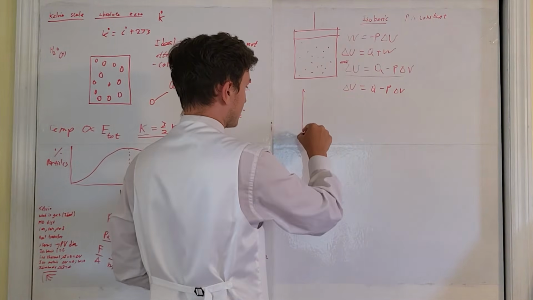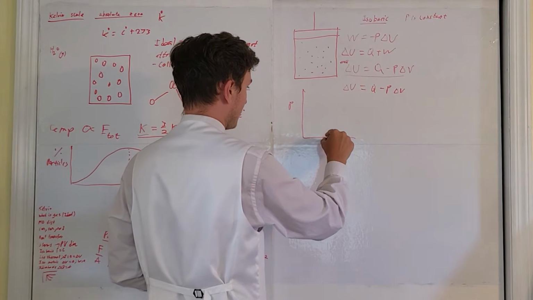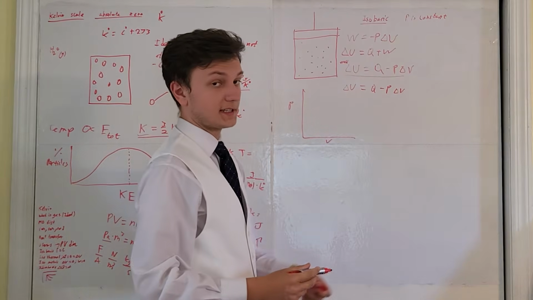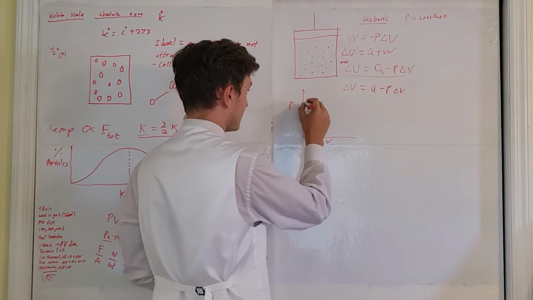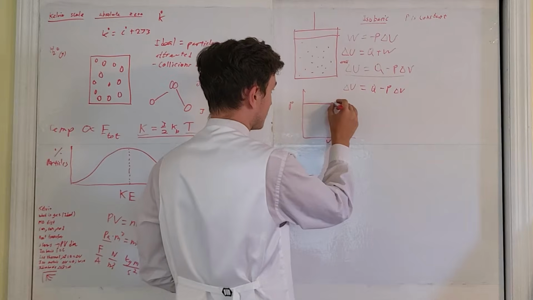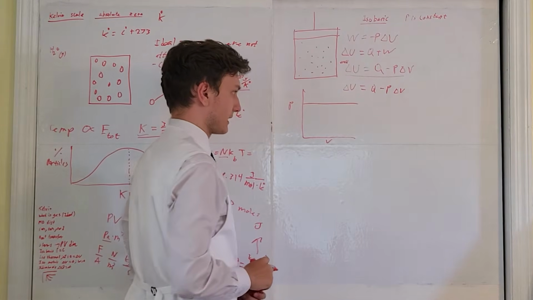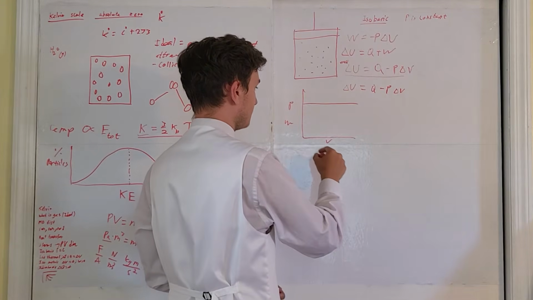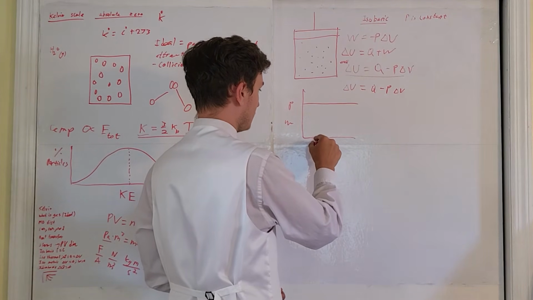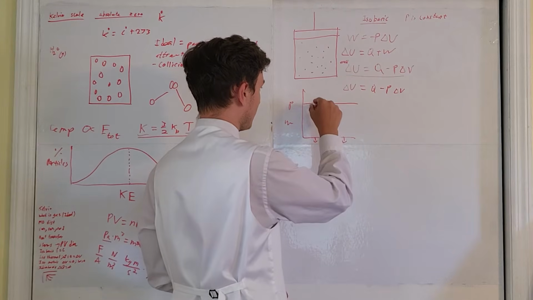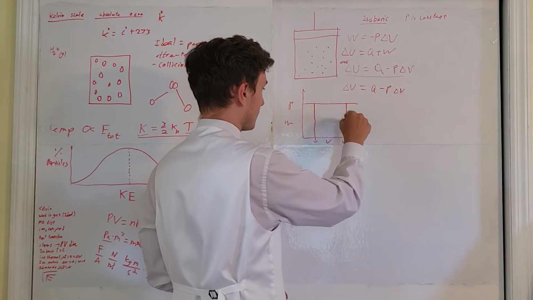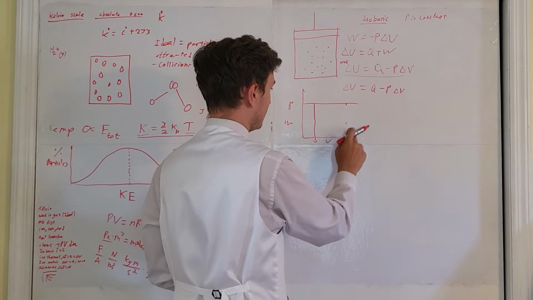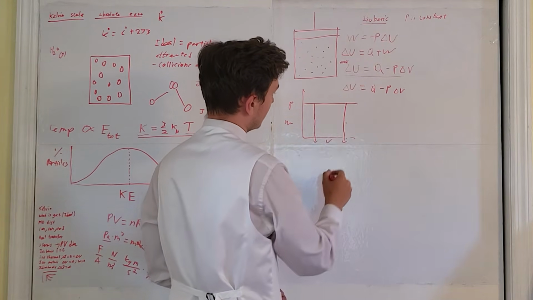Let's interpret this with respect to a PV diagram, a pressure-volume diagram. If pressure is constant, that means we are looking at a horizontal line, because pressure can't change. So if we want to find the work done on a system between an initial volume here and a final volume there, we would find the area under the curve between those two points. That is a horrible line. Let me try and draw better. There you go.